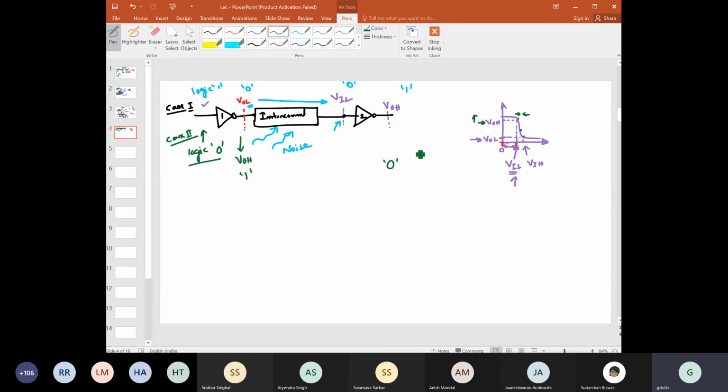So logic 0 means the maximum value is expected to be VOL here. So if we have to get the maximum value VOL at this output, what is the minimum value at this input side that you can apply? That is nothing but VIH.